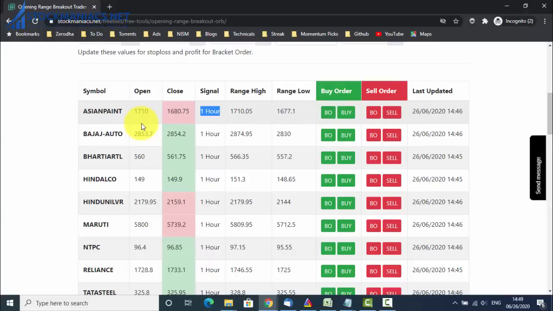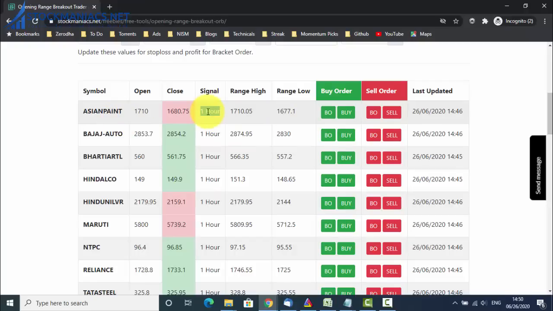After 9:45 this signal will change to 30 minutes. Instead of 1 hour, here you will see that it is written 30 minutes. That means the first 30 minutes range of the Nifty 50 stocks. Now remember, if the range gets broken, suppose between 9:30 to 9:45 the range of any stock gets broken, this stock will actually be removed from this list.